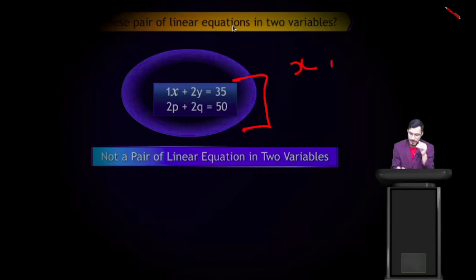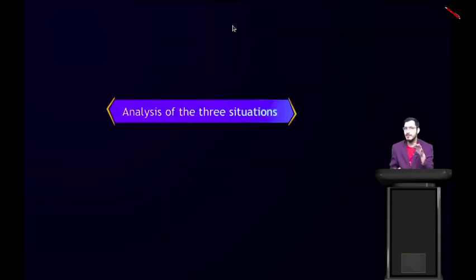Suppose x and y in the first equation, then x and y will be in the second equation. If p and q in the second equation, then p and q in the first equation also. Then we can say it's a pair of linear equations. But here you can see different variables, so that means it is not a pair of linear equations in two variables.